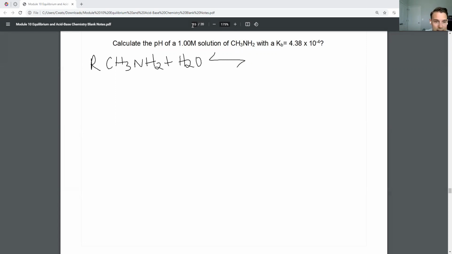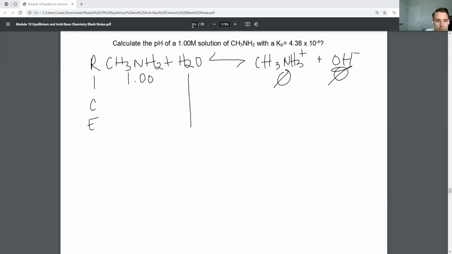So what happens, since it's gaining, the nitrogen is able to accept another hydrogen to give me that hydroxide ion, which is the thing I care about in this, so I can end up calculating the pOH and then the pH. Minus x, plus x, plus x.